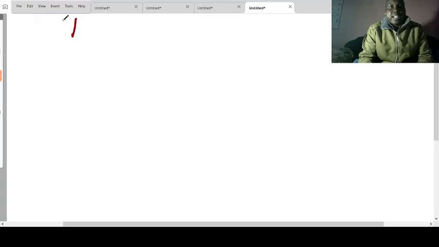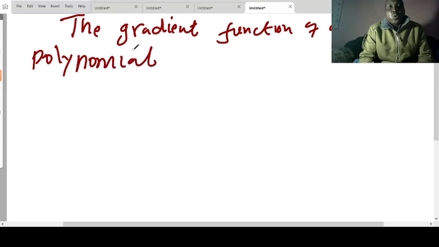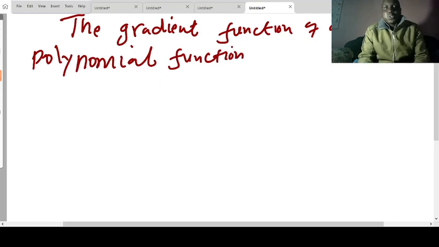Now we are at the gradient function of a polynomial function. A polynomial function is a function which has got more than 2 terms. So that's what we call a polynomial.